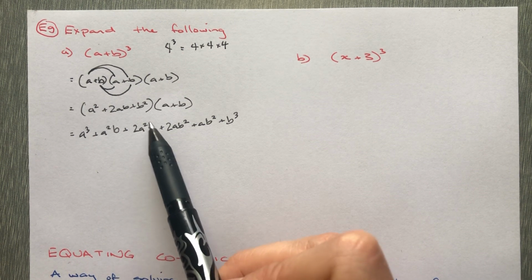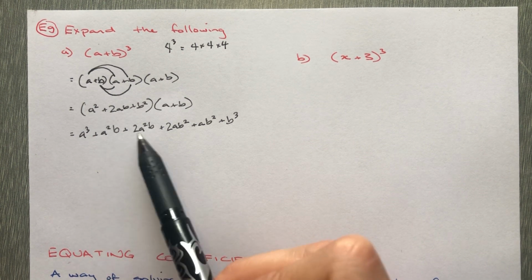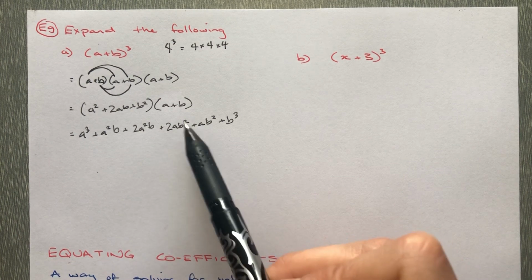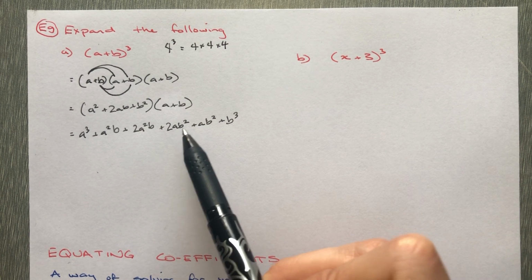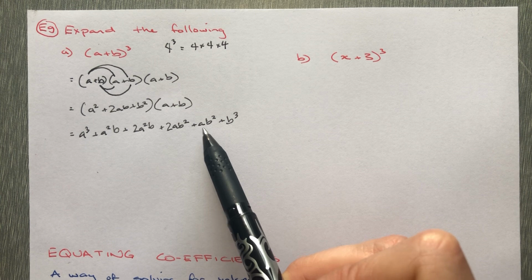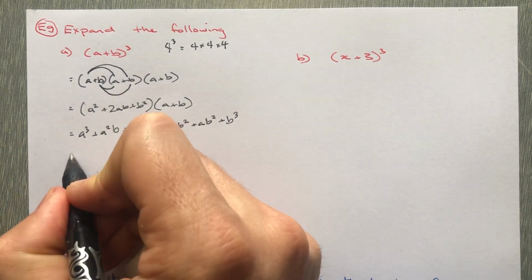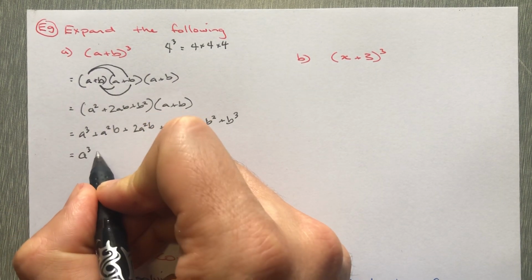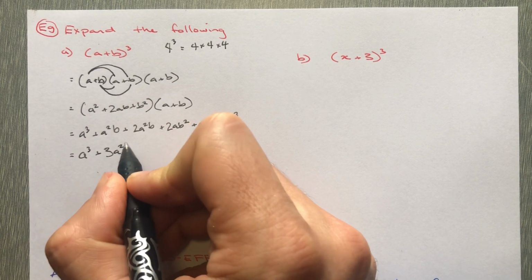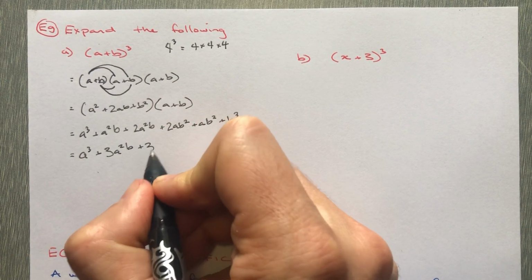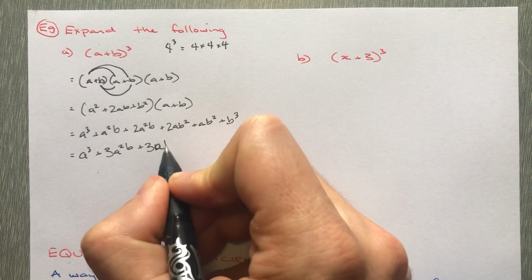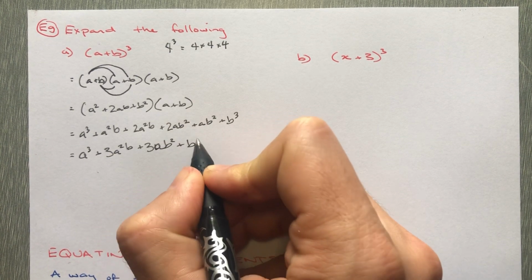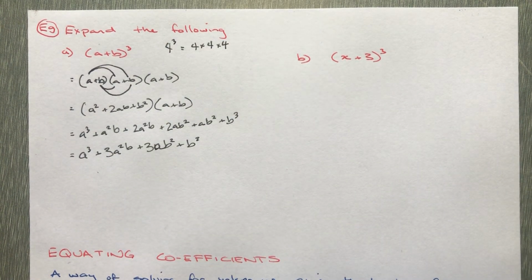So this one is also an a squared b, so we can put these two together. Same with these two here. This is an ab squared, another ab squared. We can put those together. There we go. So I've completely expanded that one out now.